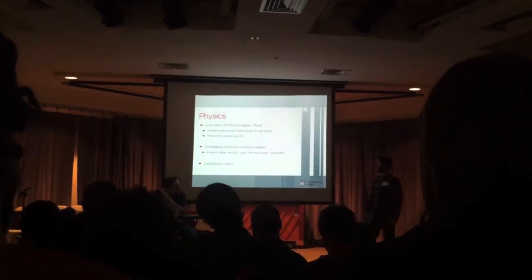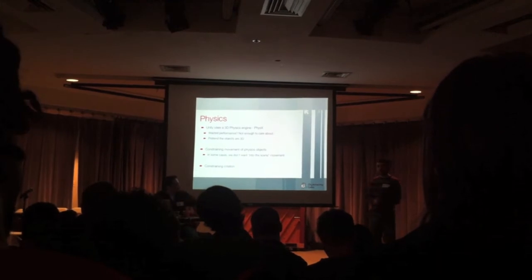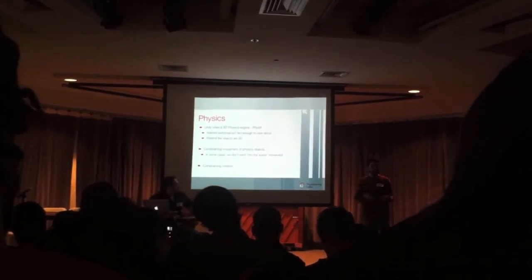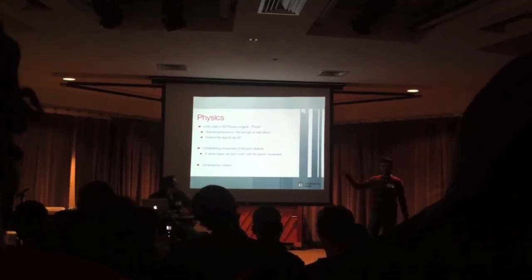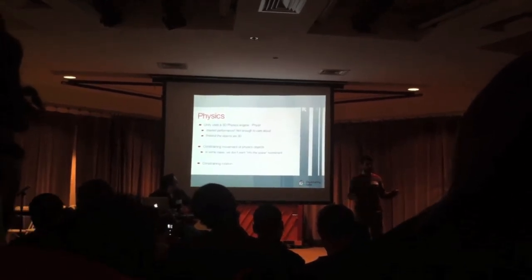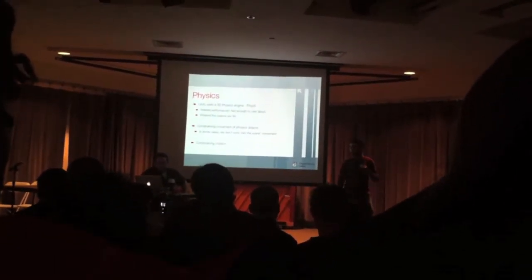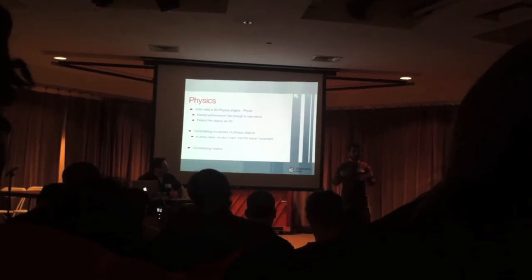And another part of this solution for using 3D physics engines is to constrain the movement and the rotation of some of your objects. So our passengers in the back of the truck, the only way we want them to rotate is along the z-axis, so they only can go like this. We don't want them rotating backwards. So what we do is we constrain their rotation.